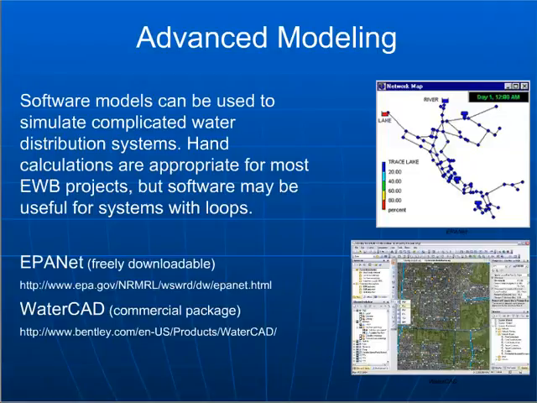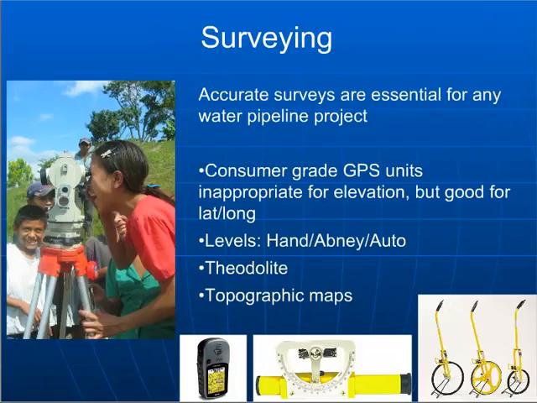But just to point out, there are some other more advanced modeling softwares out there if you do find yourself in a situation where you're dealing with multiple sources or need to do something a little bit more than an Excel spreadsheet can deliver.